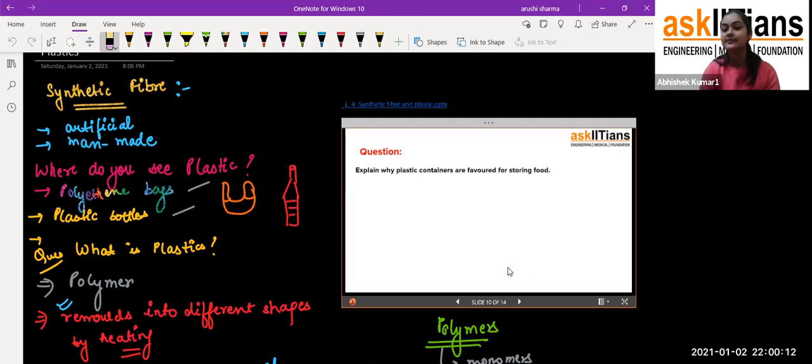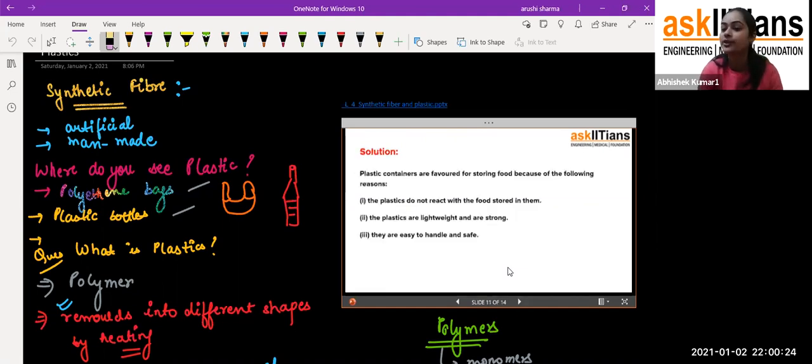Because of the property of that metal, the reaction with acids, we don't use such boxes. We use plastic because it is non-reactive in nature. Plastic does not react with the food stored in it. Plastics are lightweight, and even though they are strong, they are easy to handle and safe. So these are the properties of plastic.